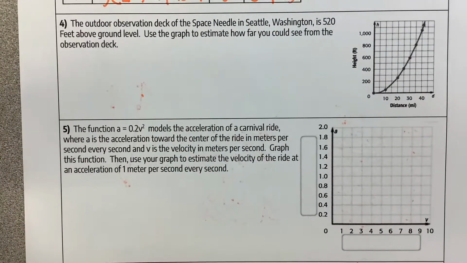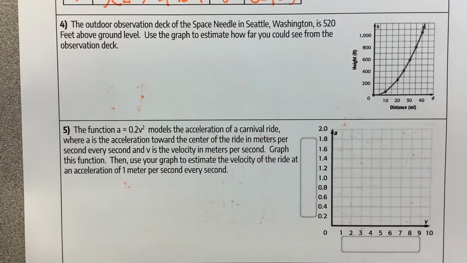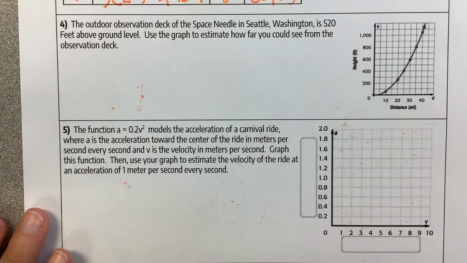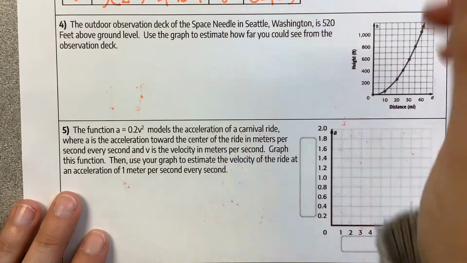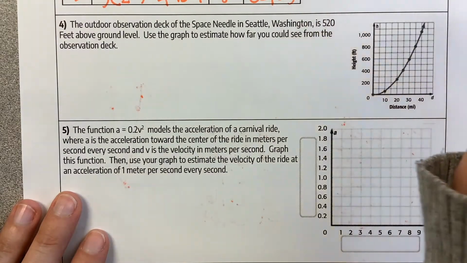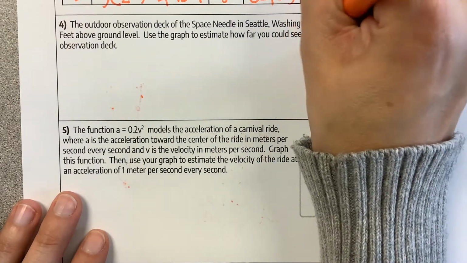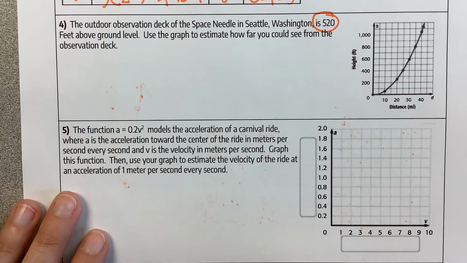Okay, let's look at some word problems. The outdoor observation deck of the Space Needle in Seattle, Washington is 520 feet above ground level. Use the graph to estimate how far you could see from the observation deck. So, the observation deck is 520 feet above ground level.